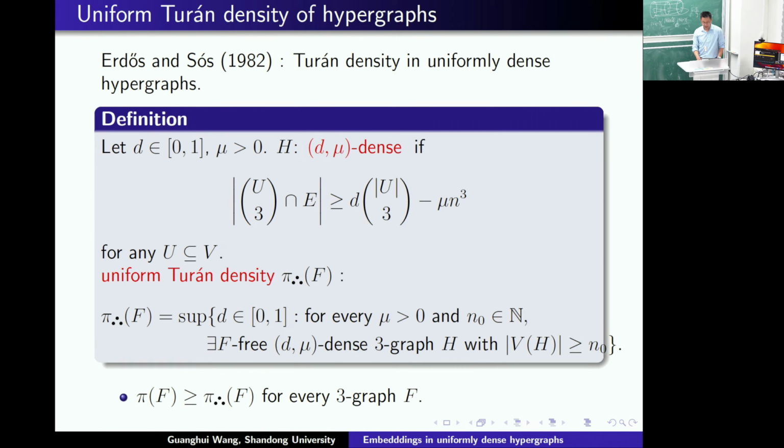And clearly we know this bound: the classical Turan density cannot be lower than the uniform Turan density.